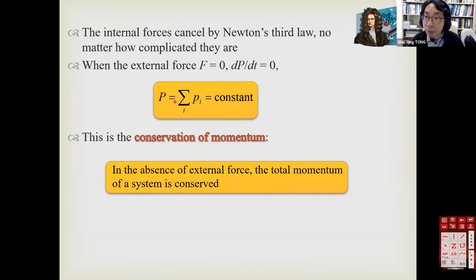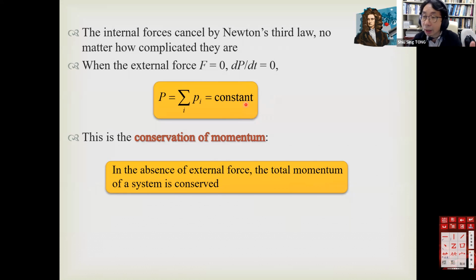But the total momentum is a sum of the individual momenta of the particles. So the total momentum being conserved means that during the collision, during the interaction between individual particles, there might be an interchange of momentum from one particle to another. If two particles collide, one particle may lose momentum, the other particle may gain momentum.